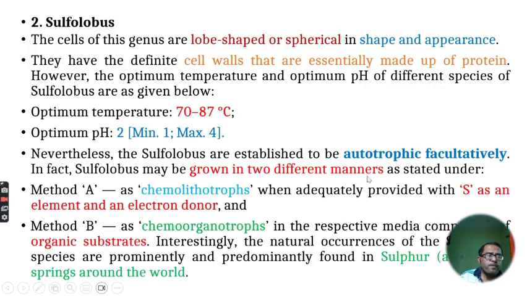Then the second group of thermoacidophilic bacteria is Sulfolobus. As the name suggests, it shows a lobe-shaped appearance. They have a definite cell wall which is majorly made up of only the protein component.